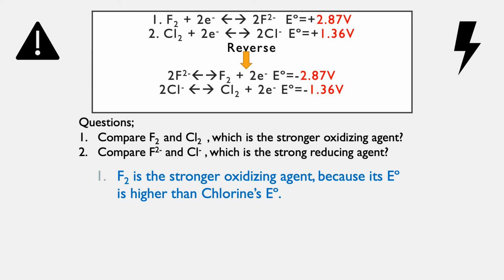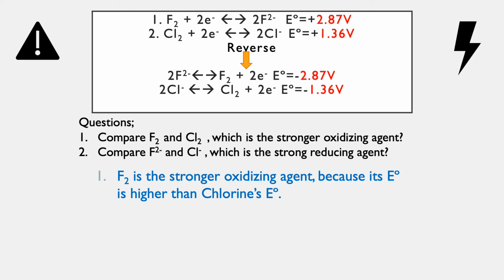Okay, let's move on to the next question. Compare F minus and Cl minus. Which is the stronger reducing agent? For this question, you also need to compare the cell potential value of the reverse reaction of the above equations. So, the cell potential after reversing will just be the negative value of the original cell potential.